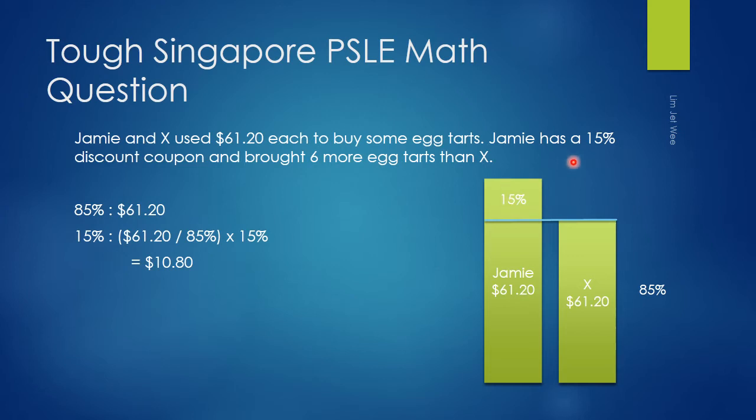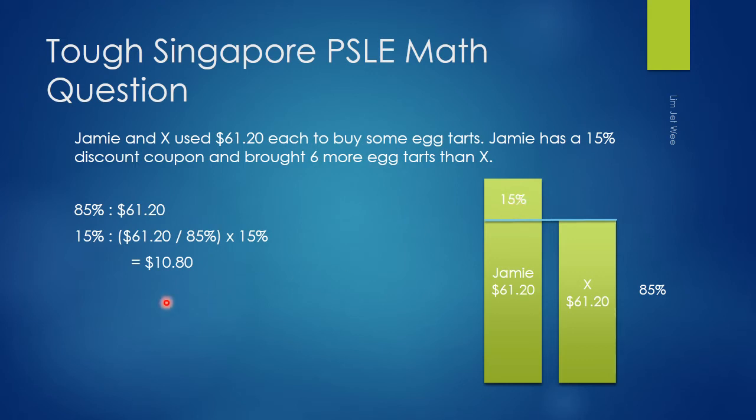Because Jamie has a 15% discount coupon, if you take 100 subtract 15, you get 85, and this 85% is actually $61.20. So now I know what 85% is, but I would also like to know this 15% over here.